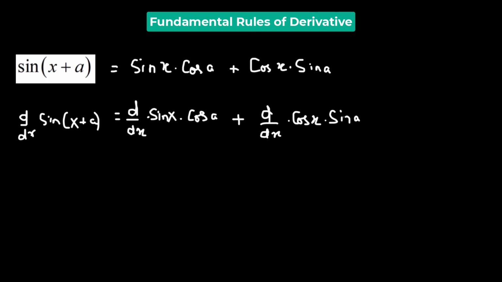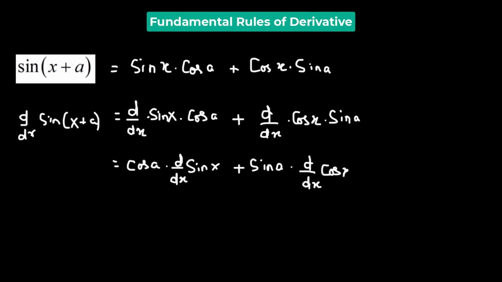Now, a being a constant here, we can pull it out of the differentiation. So we have cosine of a times d/dx of sine x, plus sine of a, which is a constant, multiplied by the derivative of cosine of x.